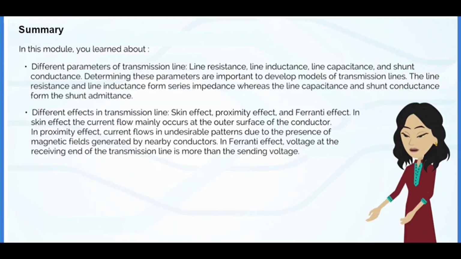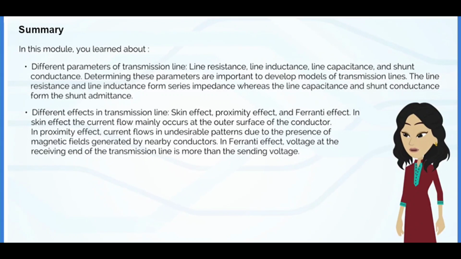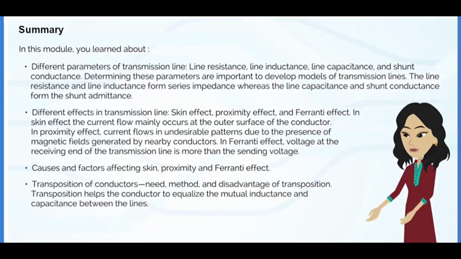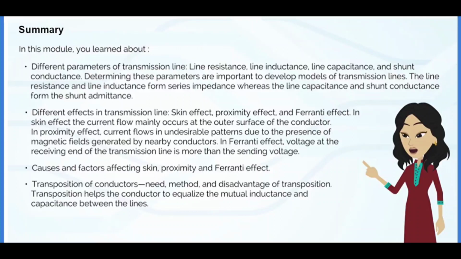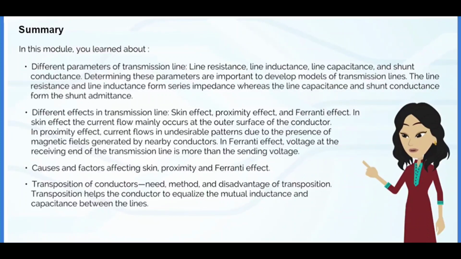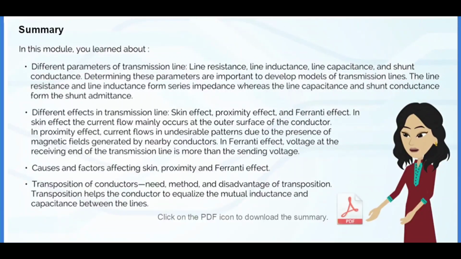In Ferranti effect, voltage at the receiving end of the transmission line is more than the sending voltage. Causes and factors affecting skin, proximity, and Ferranti effect. Transposition of conductors: need, method, and disadvantage of transposition. Transposition helps the conductor to equalize the mutual inductance and capacitance between the lines.